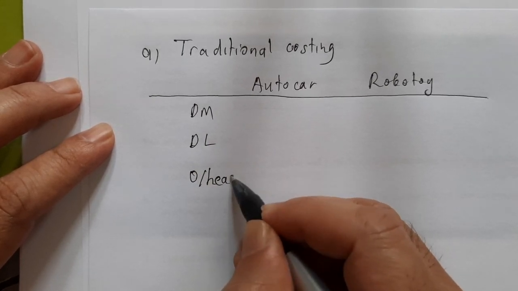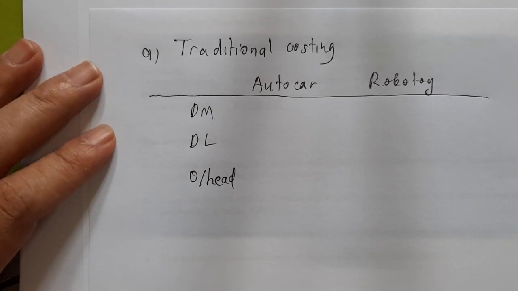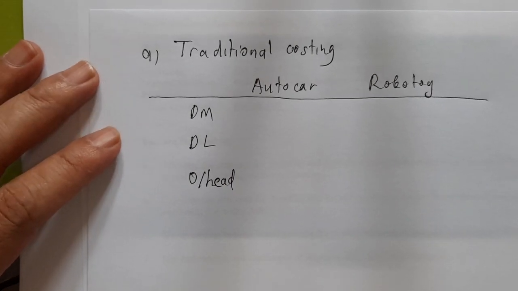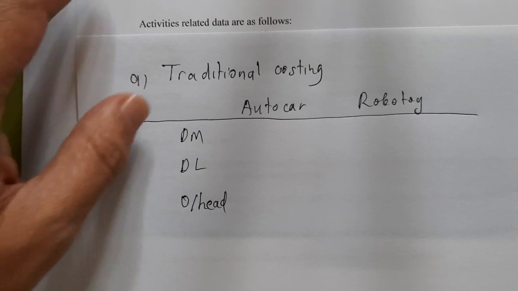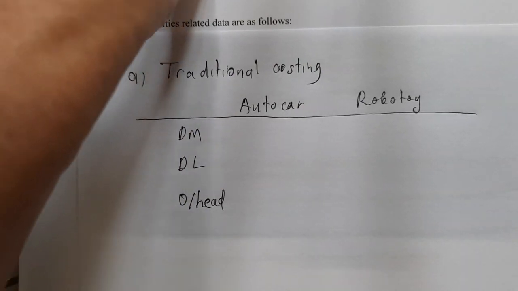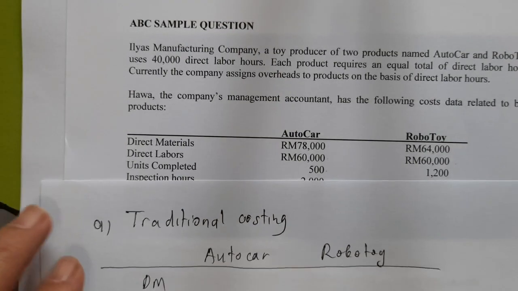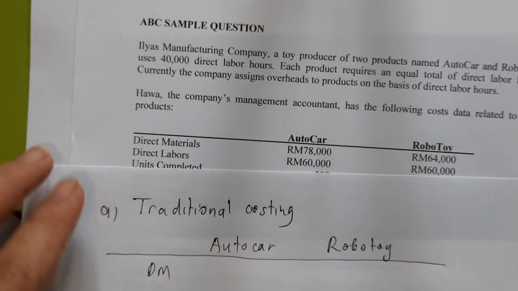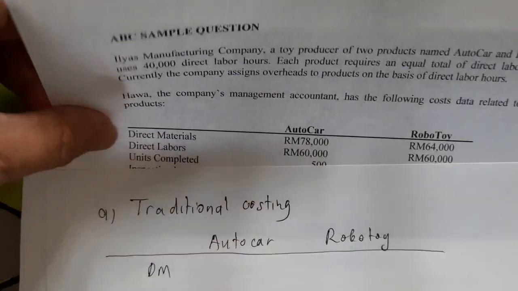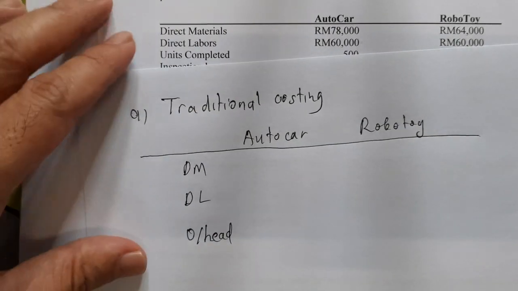Okay, now let's see. What is the direct material cost for both products? Okay, see here in the question, you can see that the data is like this.